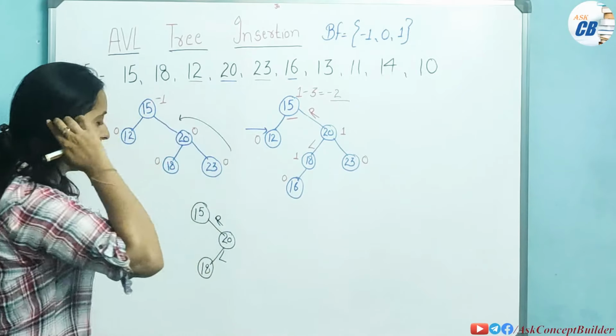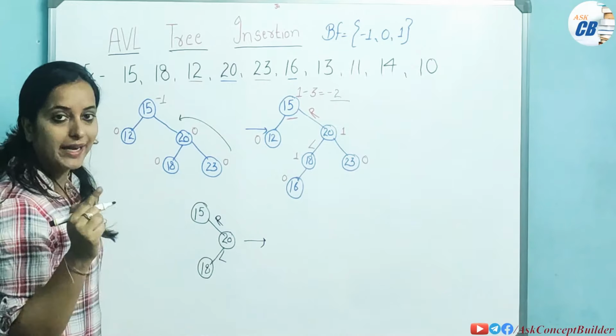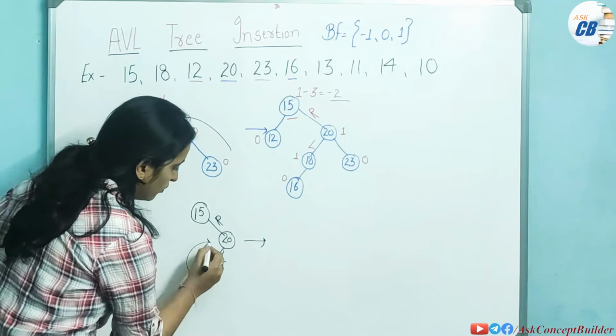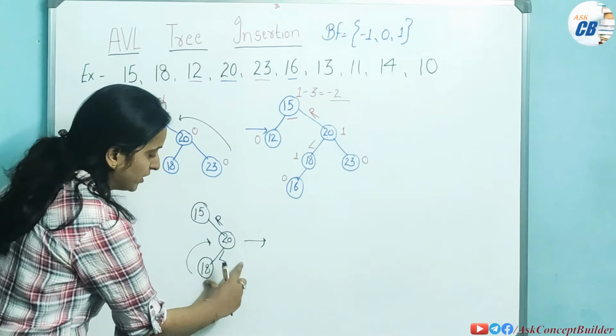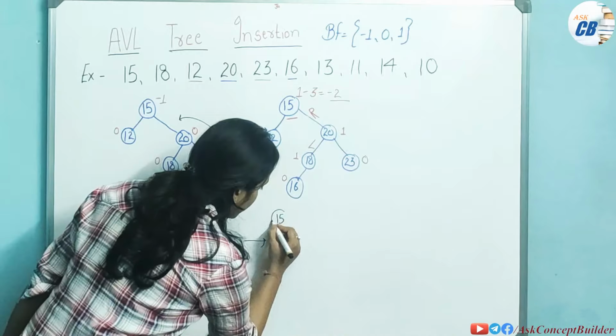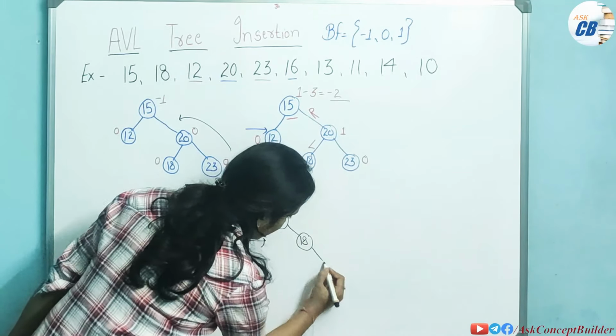What I have told you in RL rotation: first of all we will convert the RL rotation to an RR rotation. How? We will make a right rotation on these two nodes first and make it an RR rotation. So this will be 15, and after moving, 18 will come here and 20 will come here.